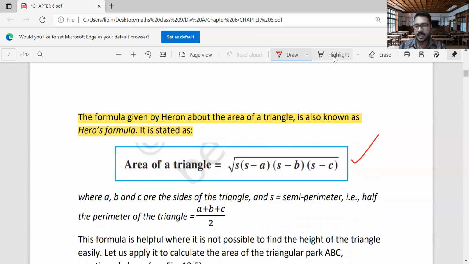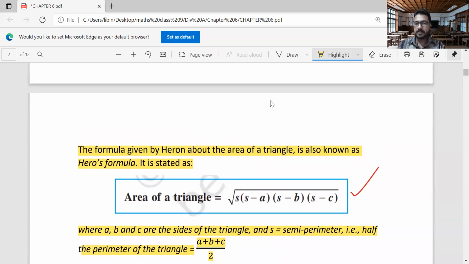And what is s? It is the semi-perimeter, which means half of the perimeter of the triangle, and a, b and c are the sides of the triangle. I think this Heron's formula is clear for you. Fine. So just learn this formula by heart, we need it in many cases.